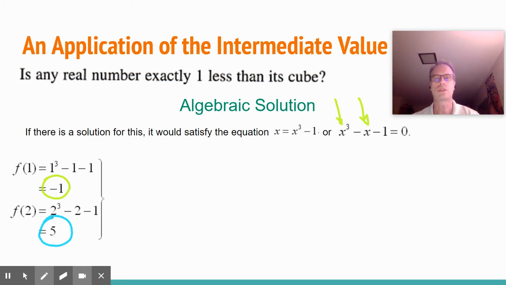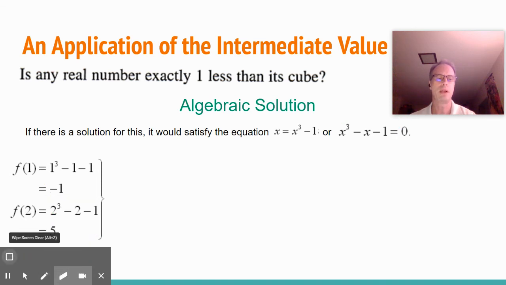And so what? Well, notice what has happened. We've got -1 here, we've got 5 here. You might notice that this is sort of my target value, 0. Does that value lie in between the -1 and the 5?